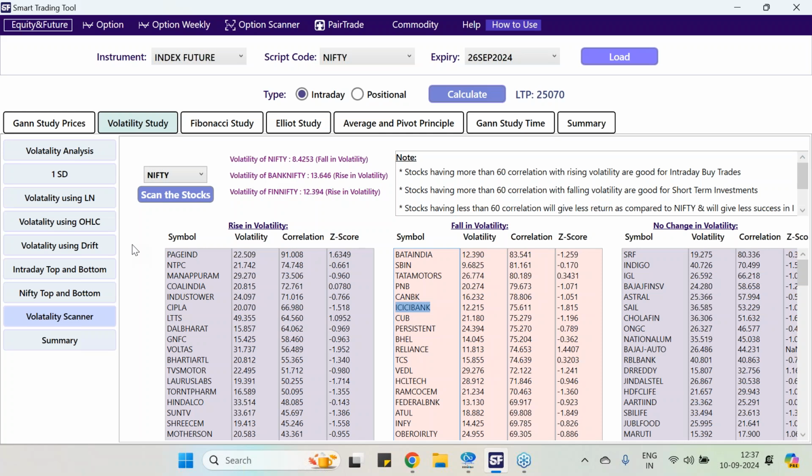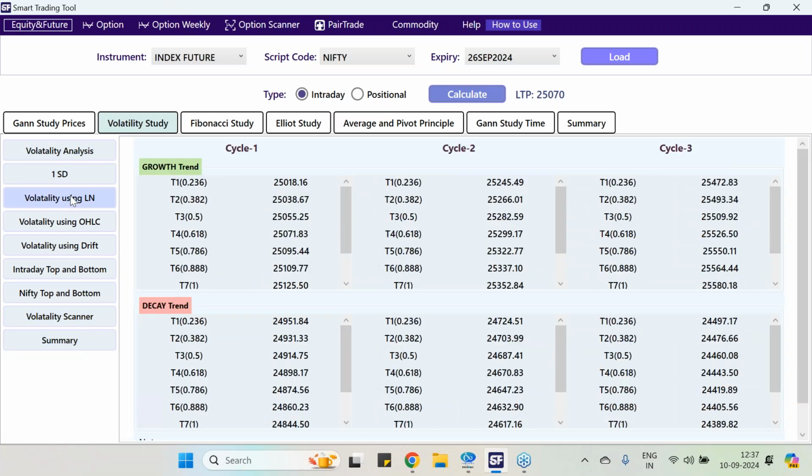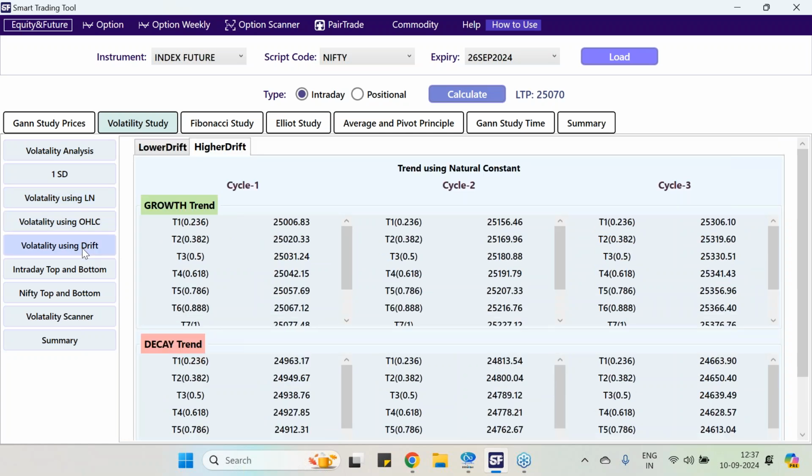Again, I will say this is not a trading tool, not an algo app. It's an analytic app. You can analyze various studies using the program, and these studies are openly present on my YouTube, in my books, and in my courses everywhere.